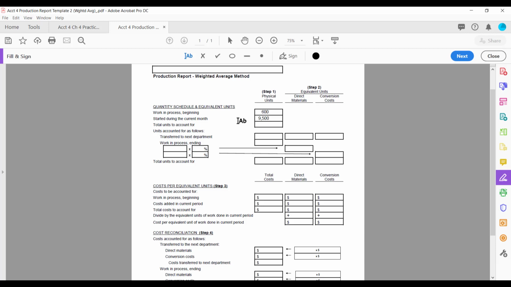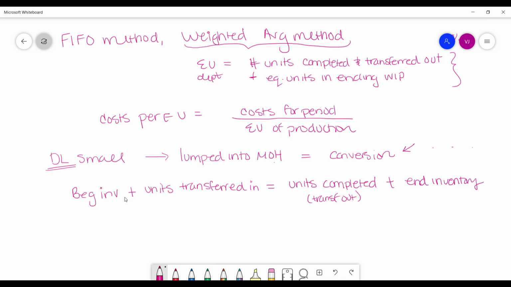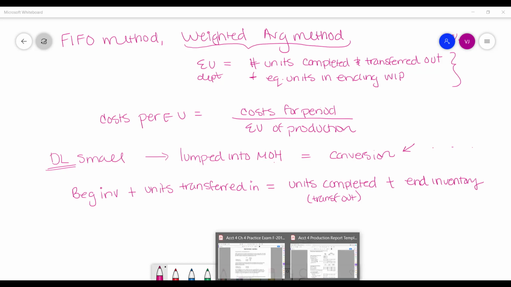So remember, from that relationship that I mentioned just a couple moments ago on our whiteboard, beginning inventory plus units transferred in should be equal to the units completed plus the ending inventory. So just keep in mind we're already starting to work on the left-hand side of that relationship here with that template.